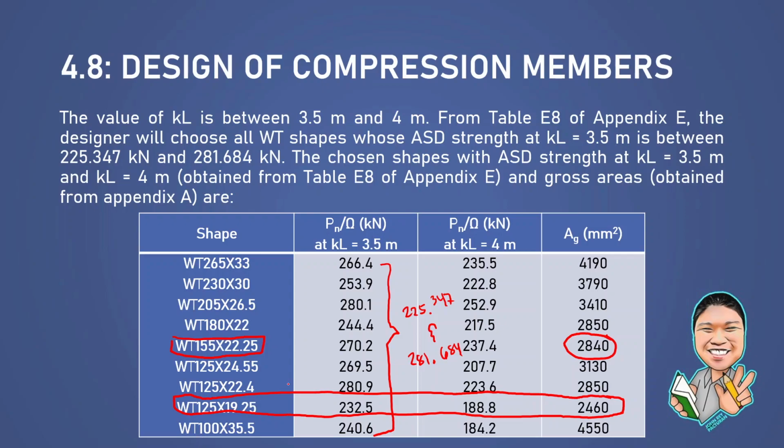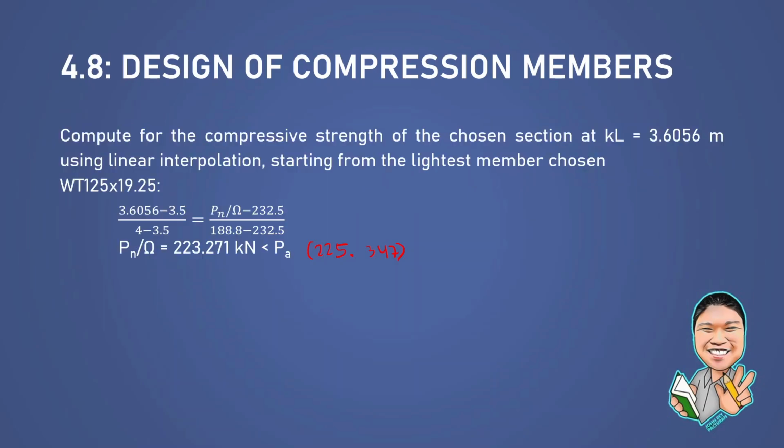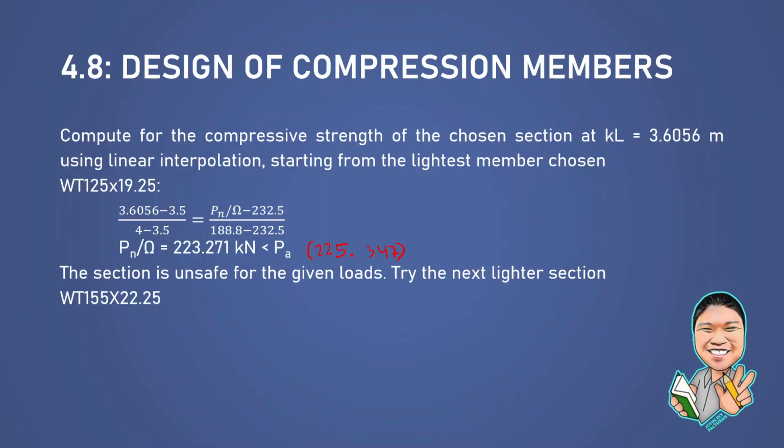So, yan na yung sunod na i-check mo. So, sige, check natin siya. W155 by 22.25. So, again, linear interpolation. 3.6056 minus 3.5 all over 3.4 minus 3.5 is equal to Pn over omega minus 270.2 all over 237.4 minus 270.2.